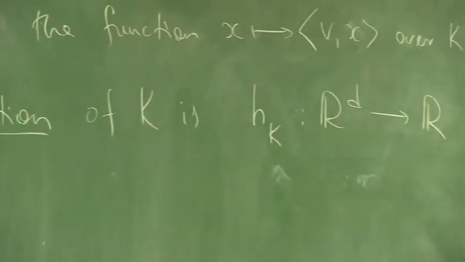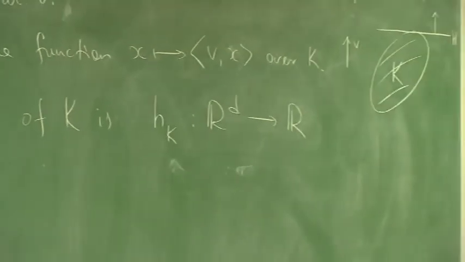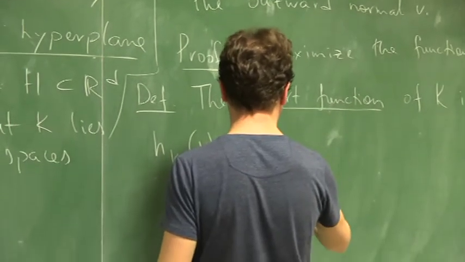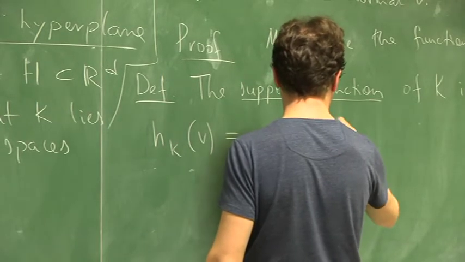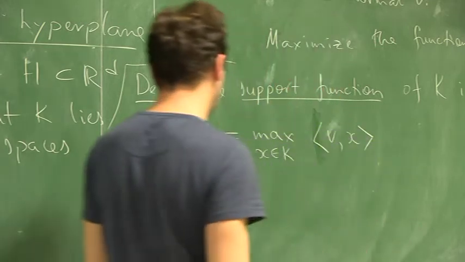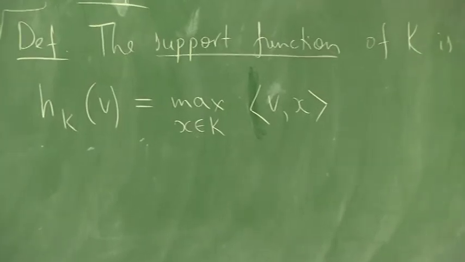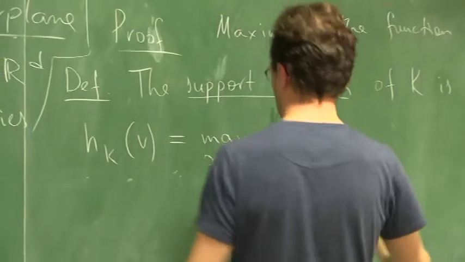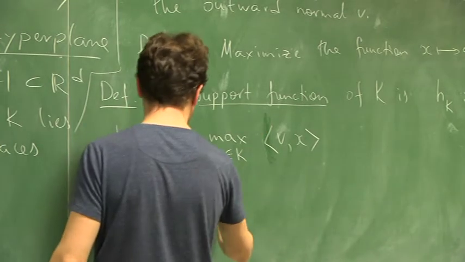And h_K of v is basically the maximum value of that linear function. h_K of v is the maximum over all x in K of the inner product vx. Okay. And this is defined now also for the zero vector. So, for example, h_K of 0 is just 0, from this definition.